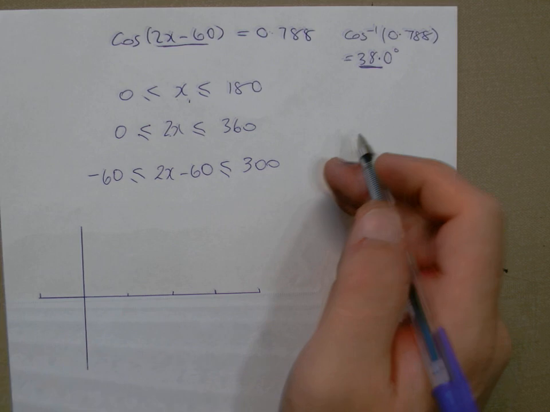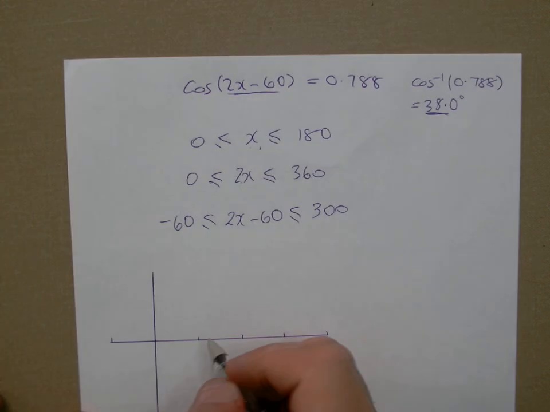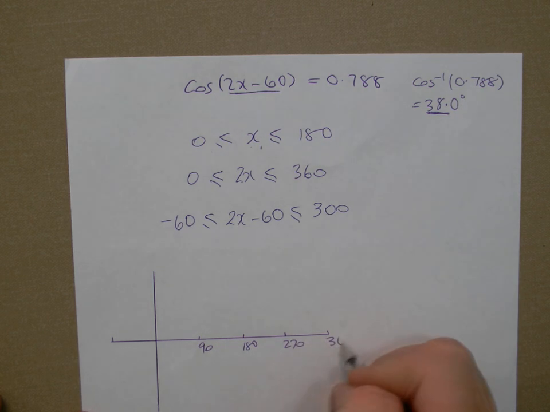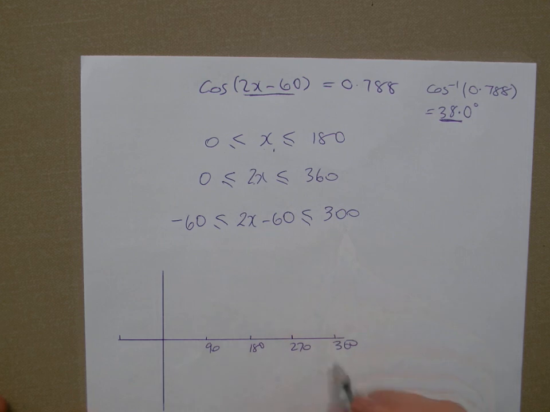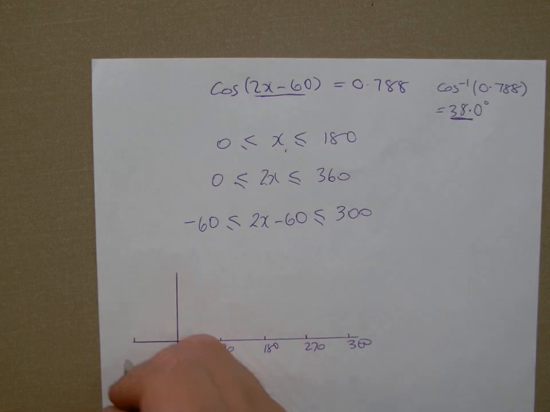You could do every 3 centimeters, but I've gone every 2. It's your choice. So 90, 180, 270, 360. I know we only need to go to 300 degrees, but we can't really stop at 300, so we'll go to 360. Similarly, I want to go to minus 60, but I can't really stop there, so I'll go to minus 90.